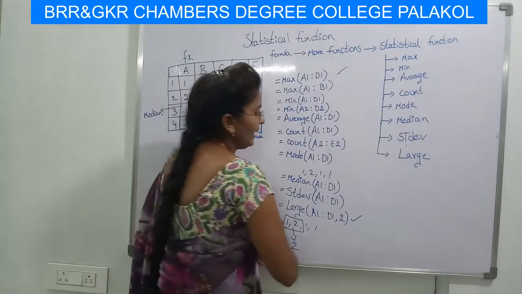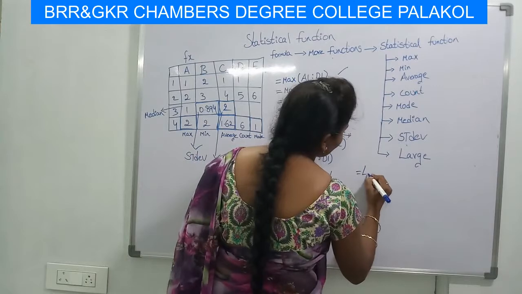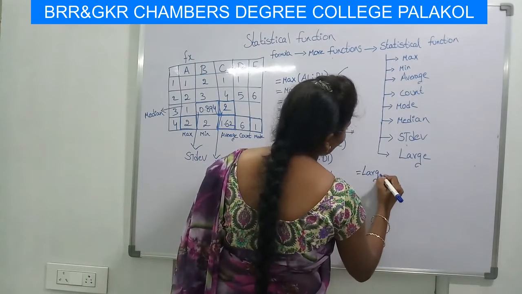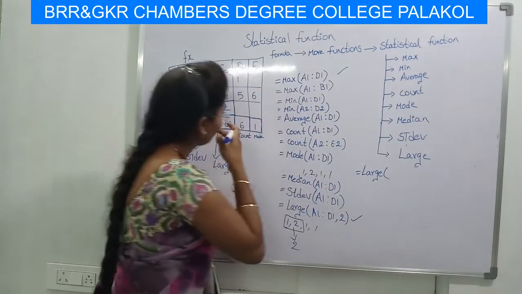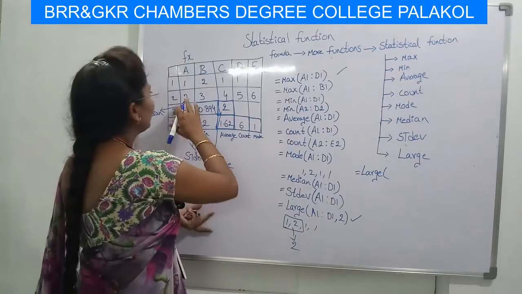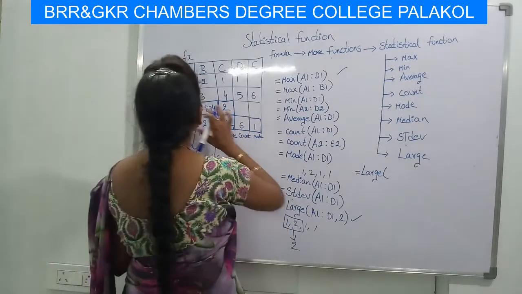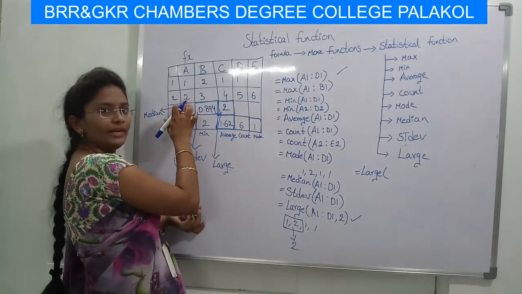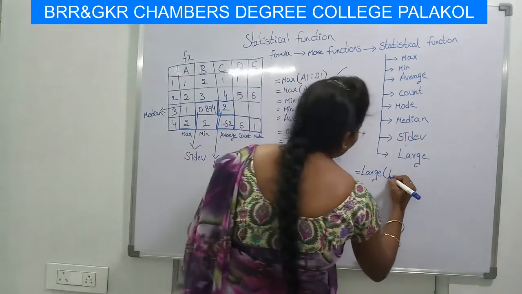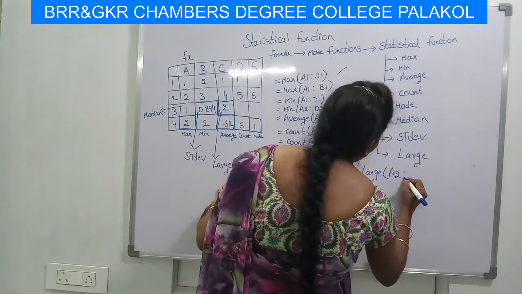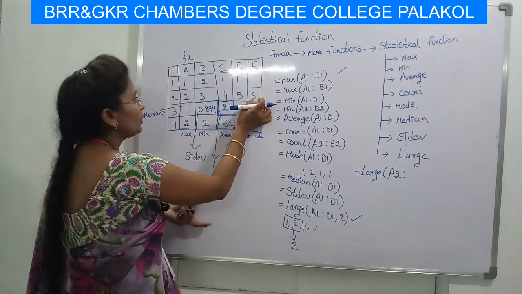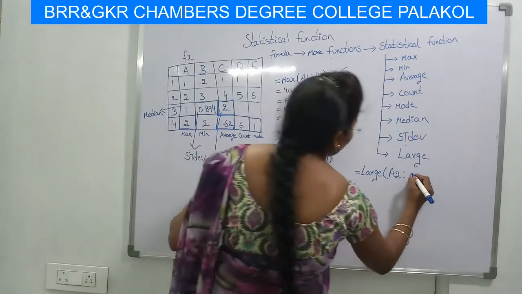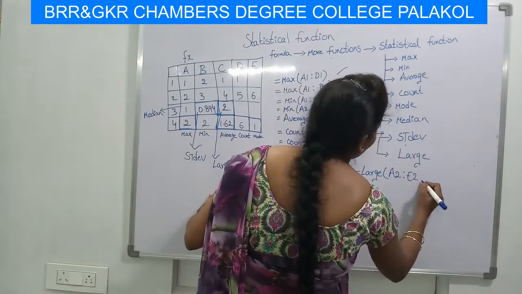The next example of the large function: here I am taking another example. The example reference ID is A2. Here I am taking A2 up to E2 and a comma.